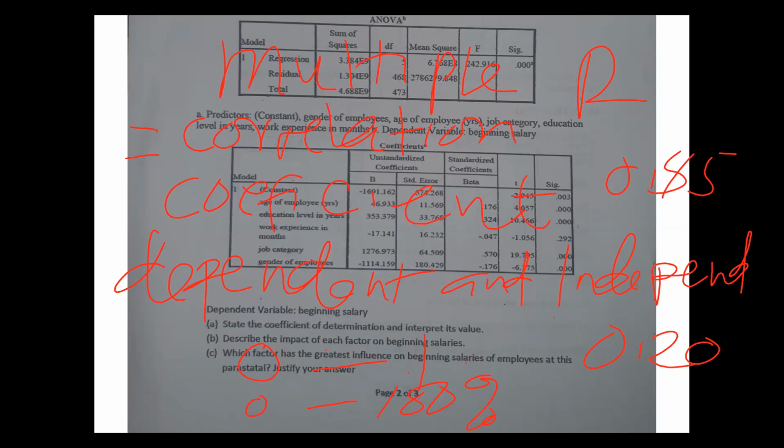X variables are independent variables. Y variables are the dependent variable that you're trying to determine. So if the number is closer to 0, it means the relationship between the two is very weak.